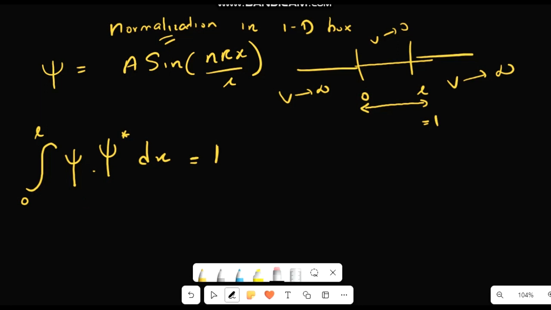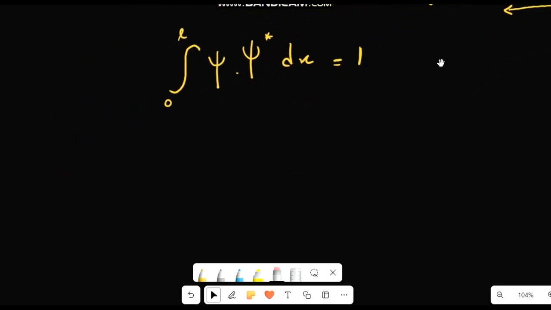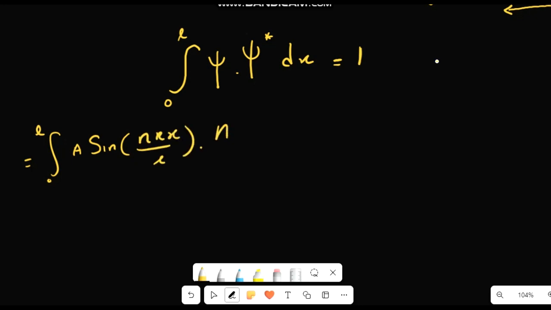Okay, so let's move on. I'm going to substitute for these expressions. Psi is our A sin(nπx/L) times A sin(nπx/L).